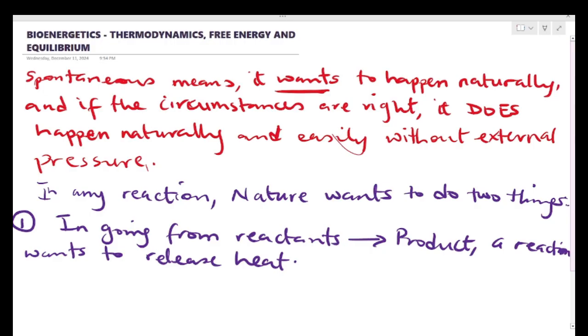And in this case, you talk about the enthalpy of the reaction.